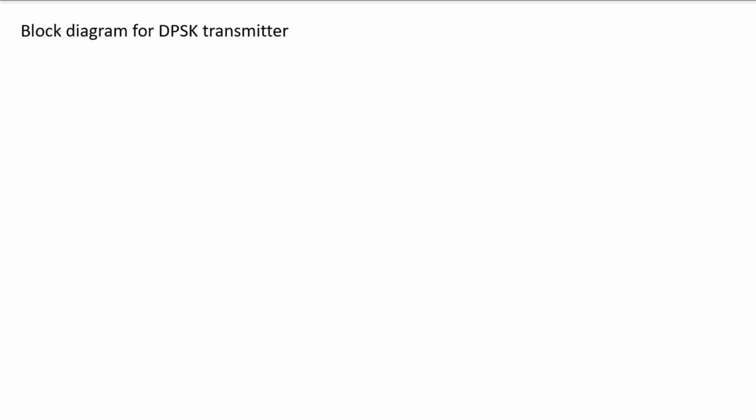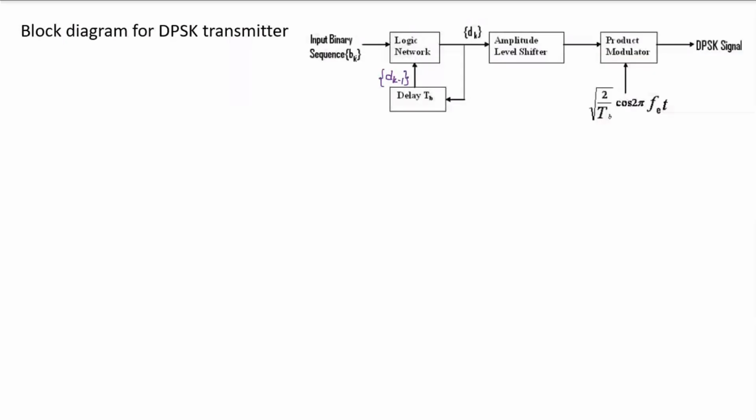What is differential? We will see that before the DPSK transmitter. The DPSK transmitter looks like this. You have an input binary sequence, in the sense 1 and 0, 1 0, 1 1 1 0, and so on. It is applied to a logic network, which is nothing but the XNOR operation.